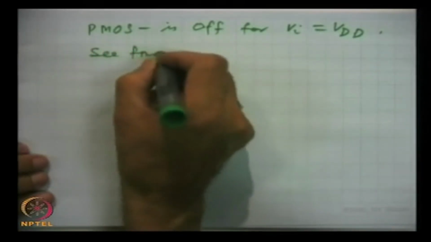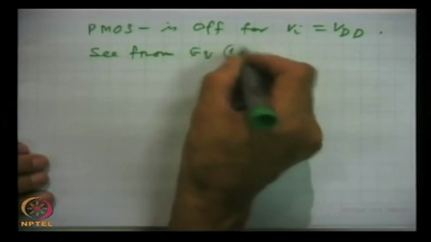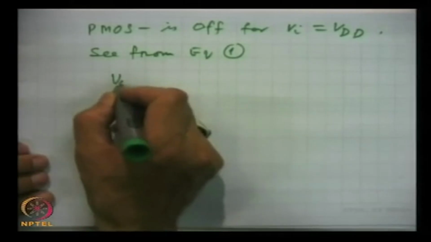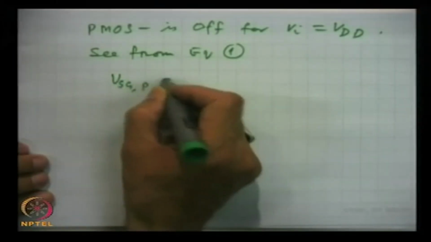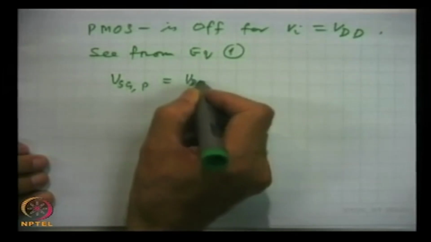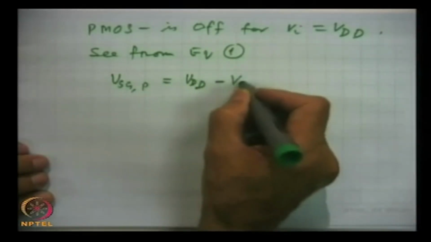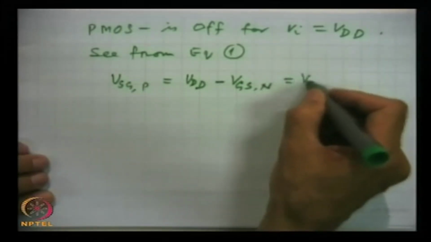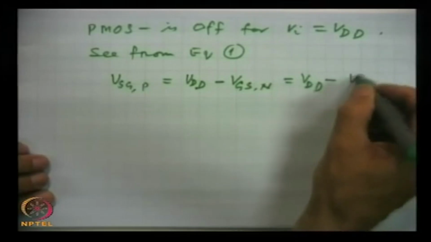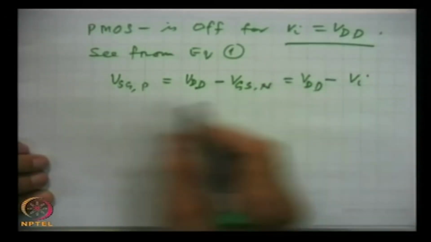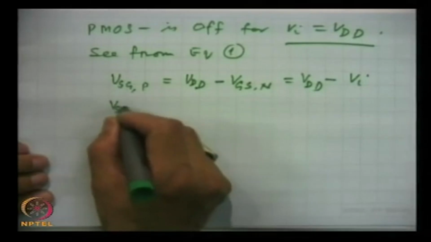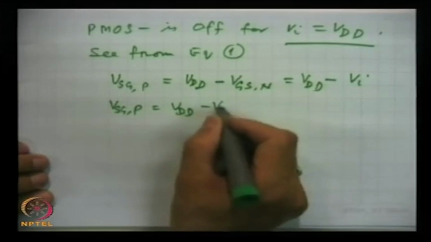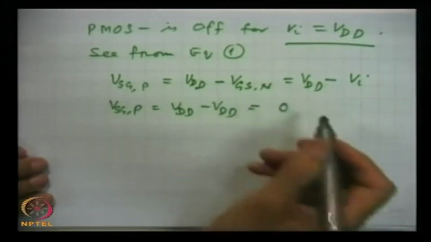See from equation 1, which was VSGP, this is equal to VDD minus VGSN, and VGSN is VI, and VI is VDD. So, VSGP, this is VDD minus VDD, which is 0.